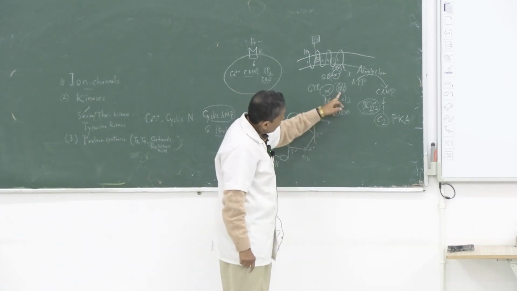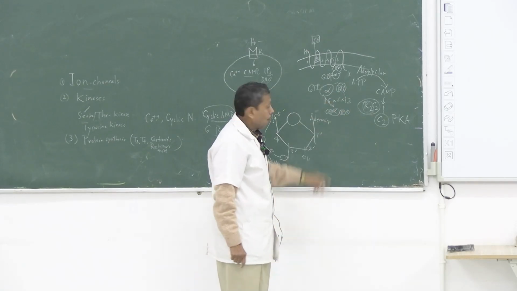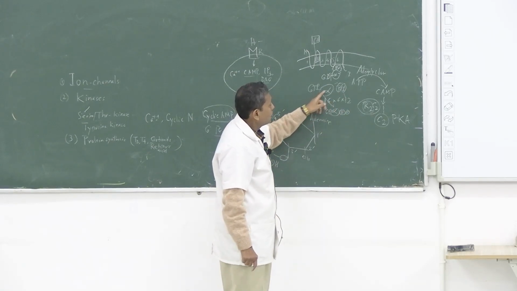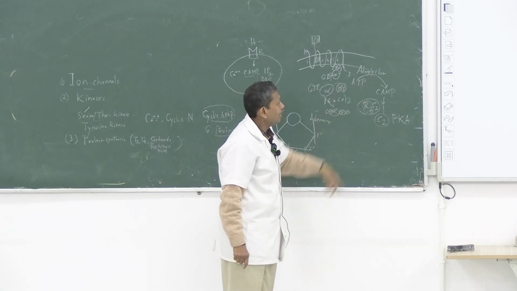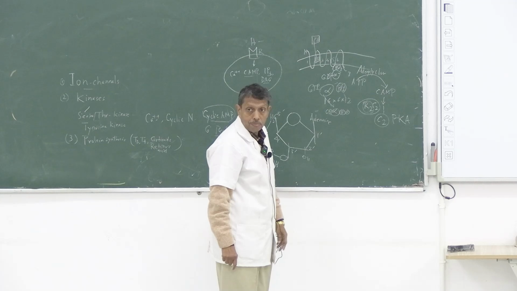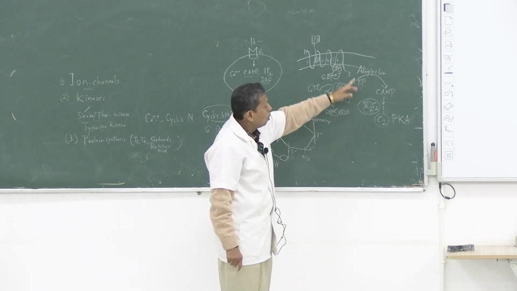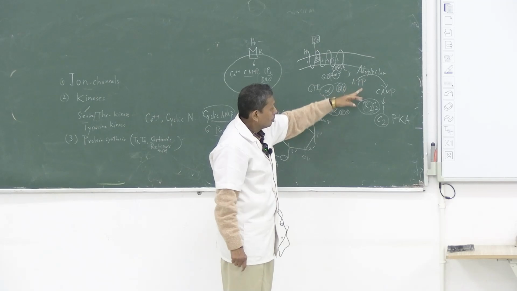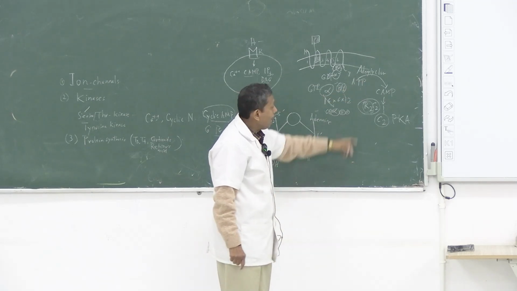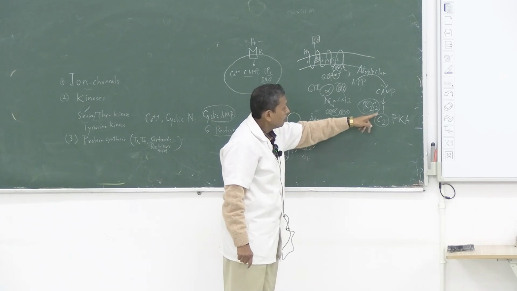Beta gamma subunit also has some physiologic effects, but the alpha subunit is primarily responsible for stimulation of adenylyl cyclase, that is at the inner lamella of the cell membrane. It is a 12 transmembrane domain structure cyclase, and it produces cyclic AMP, which then acts upon the protein kinase.